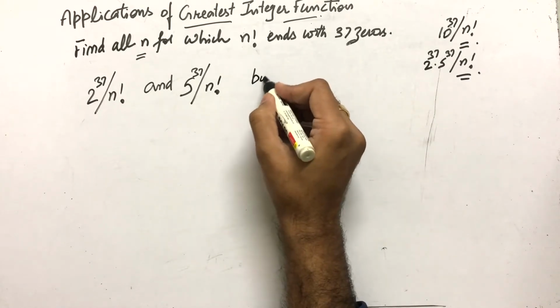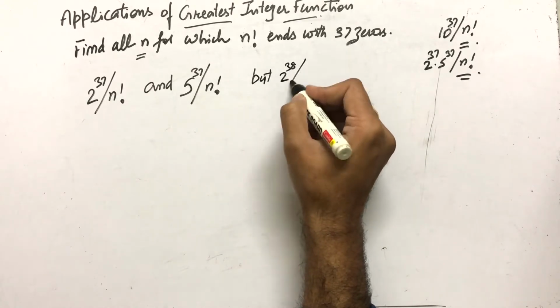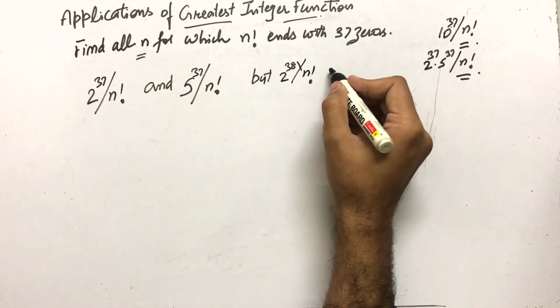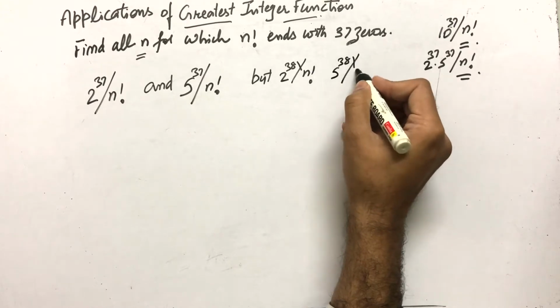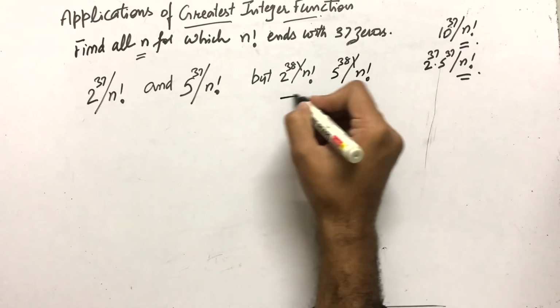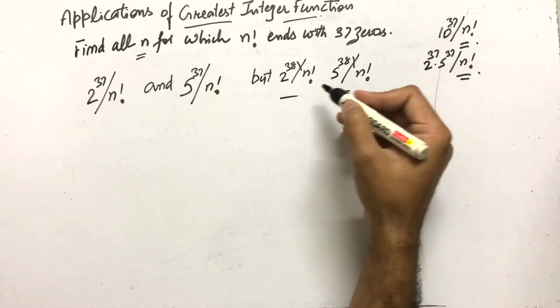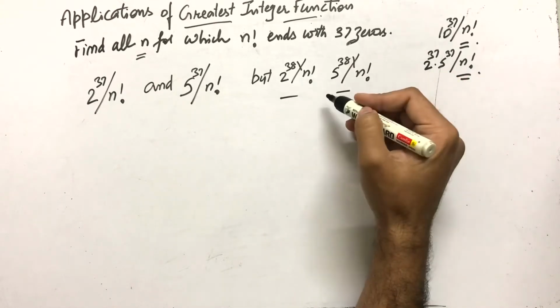But 2 power 38 does not divide n factorial, and also 5 power 38 does not divide n factorial, because otherwise, if both of these divide n factorial, then we have 38 zeros.